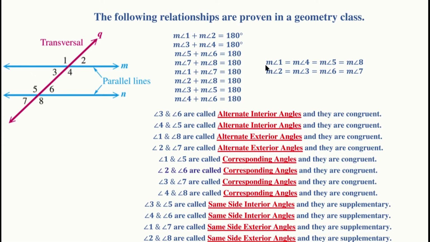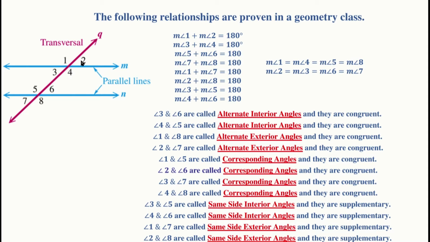So here are the groups of congruent angles: 1, 4, 5, and 8. They're all congruent. That means their measures are all the same. Also 2, 3, 6, and 7.